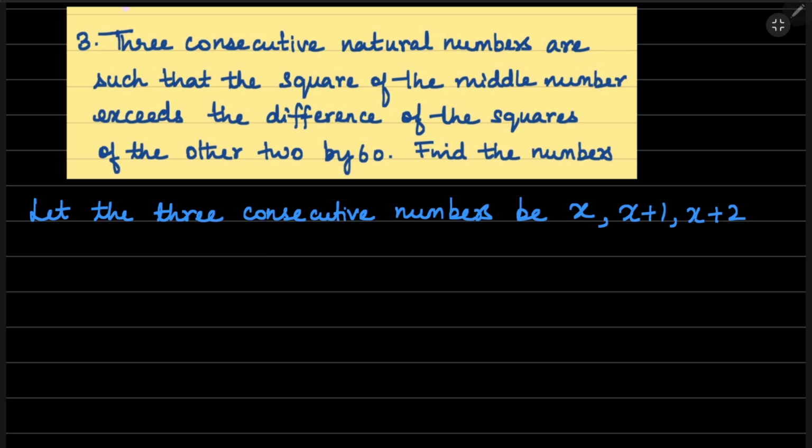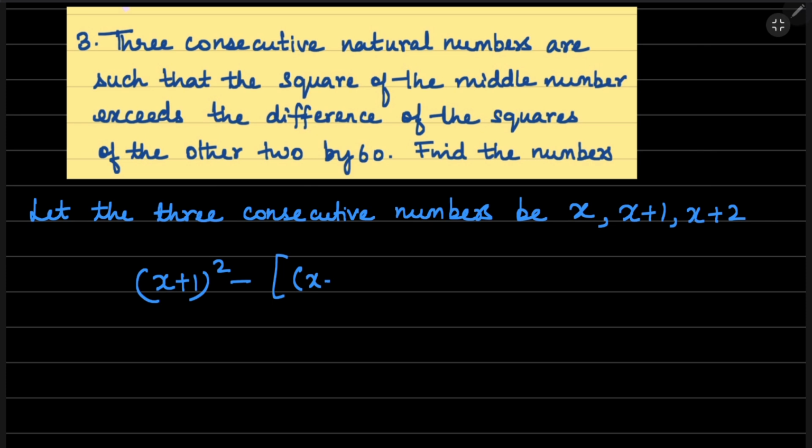Now, according to the question, what are you given? The square of the middle number exceeds the difference of the squares of the other two. So the square of the middle number, that is x plus 1 the whole square, exceeds, that means subtraction, the difference of the squares of the other two.